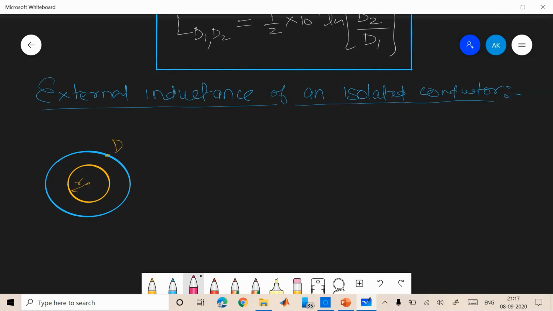Okay, so simply you just replace your D2 by D and D1 by R. So we will get external inductance at any point from the surface of the conductor.